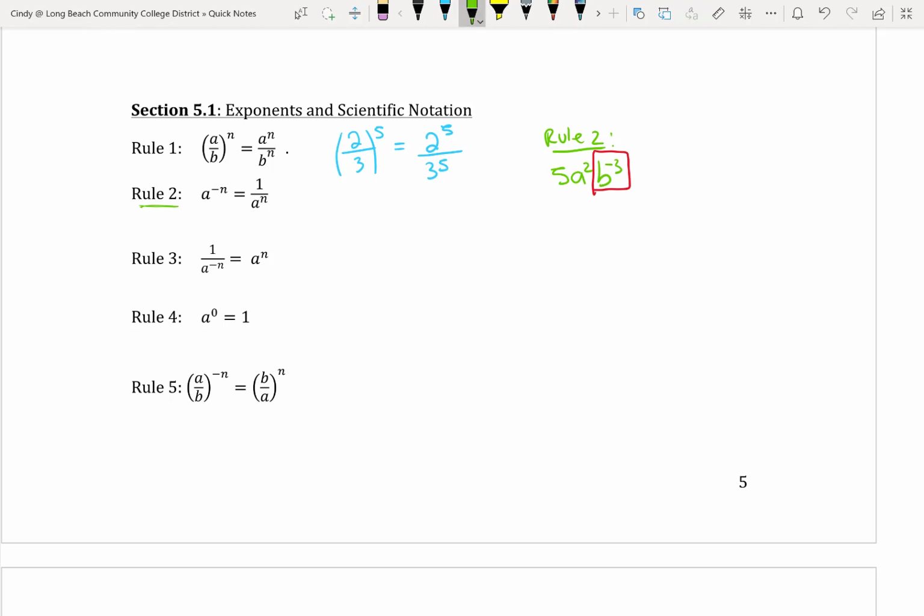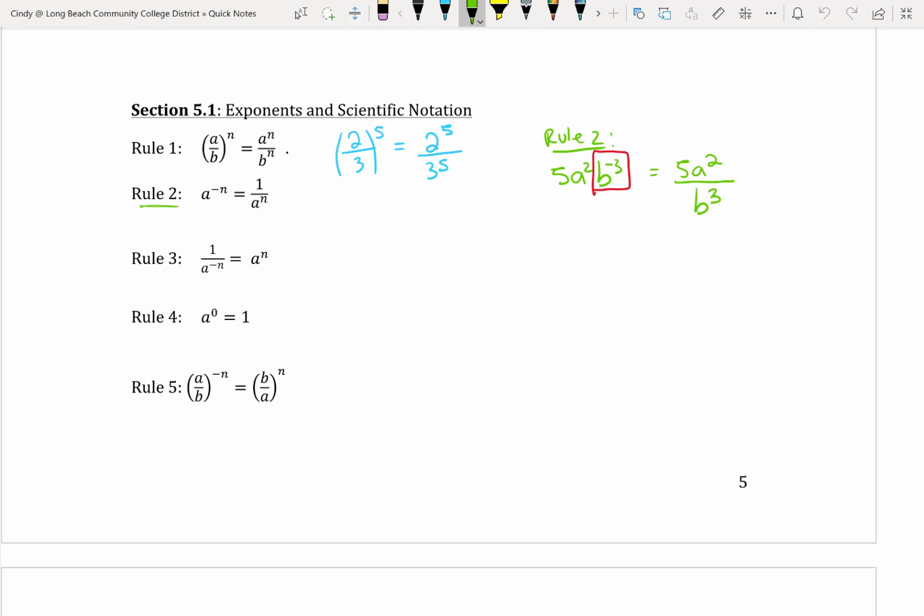So when I rewrite this, that 5a squared, they all have positive exponents. Leave it alone. The only thing that had a negative exponent gets moved to the opposite side. So that b to the 3 that was in the numerator, now it's in the denominator. Okay, so that's my rule number 2.